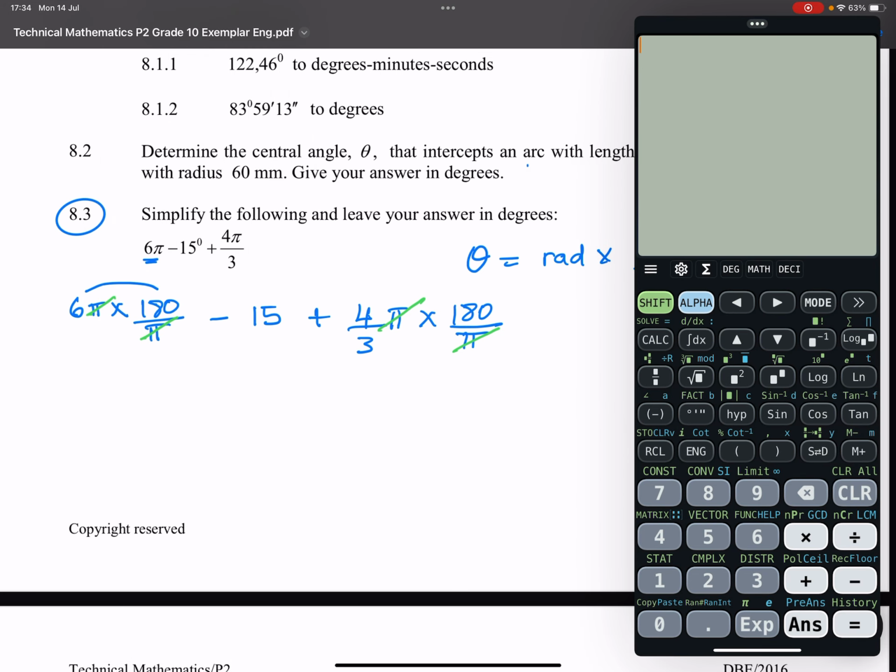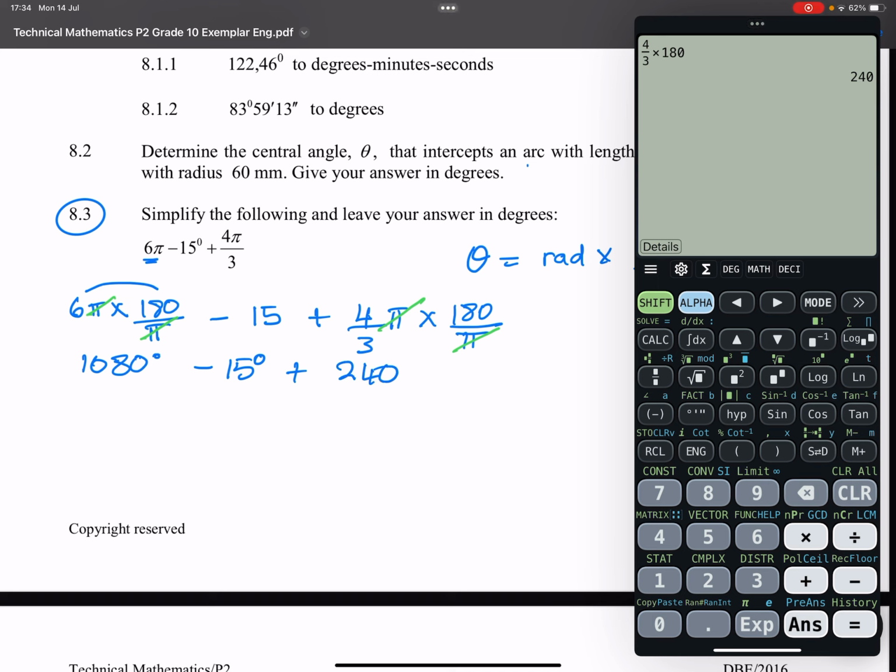So that's 6 times 180. That gives us 1080 degrees minus 15 degrees plus, we've got 4 over 3 multiplied by 180 again. So that gives us 240.